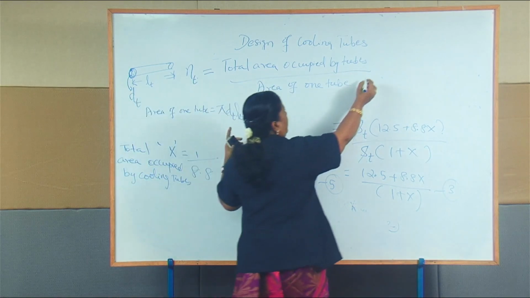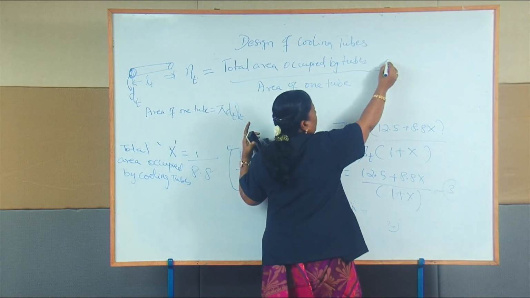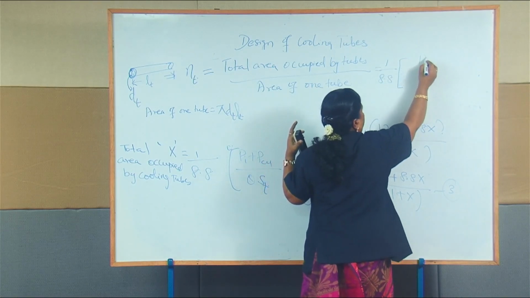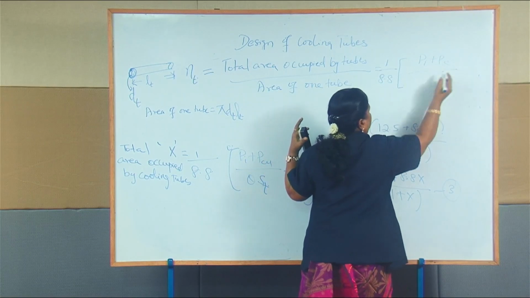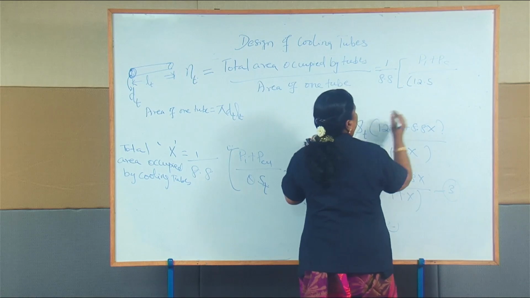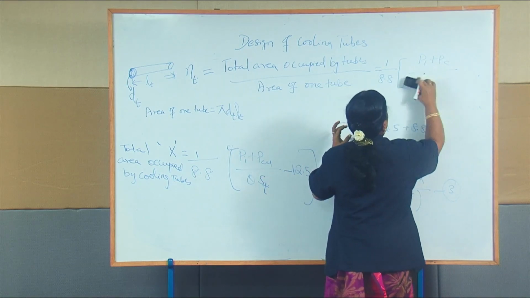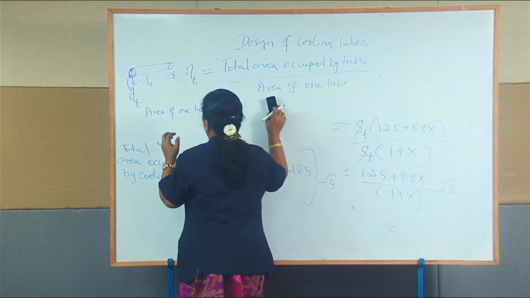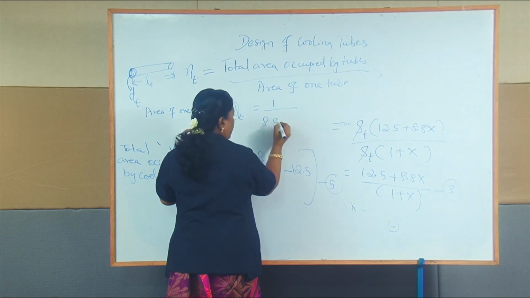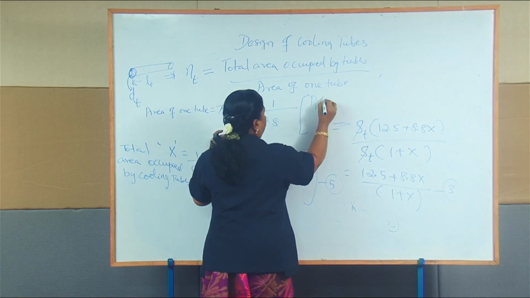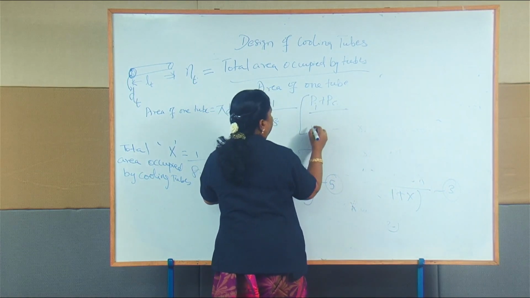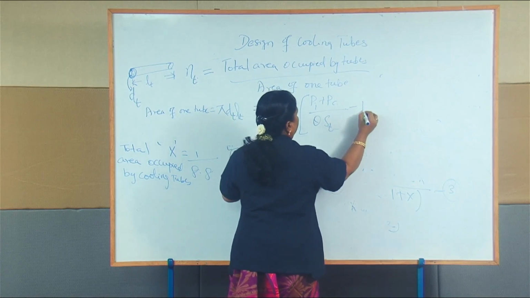So, now let us try to substitute here. The total area occupied by the tubes is 1 divided by 8.8 in bracket (Pi plus Pc) divided by (theta into S suffix t minus 12.5).